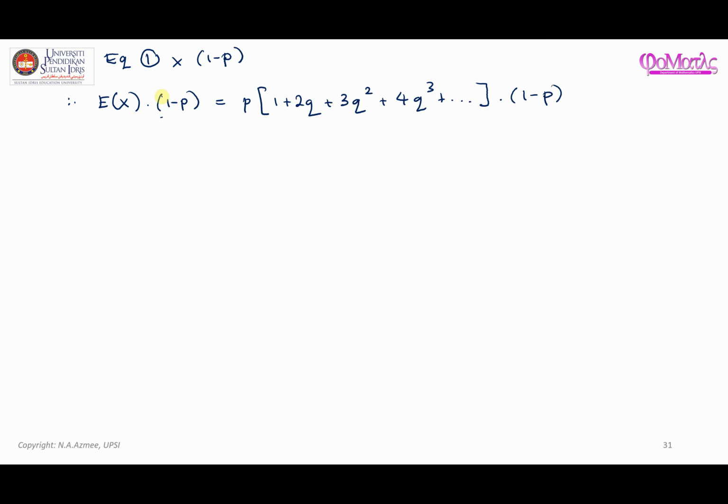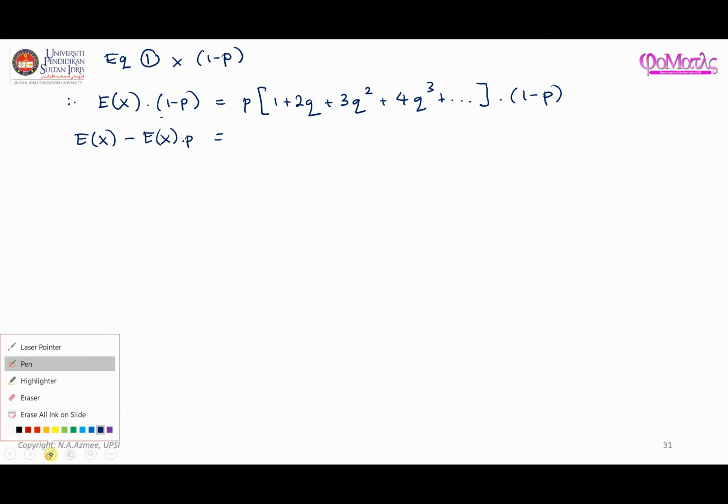So on the left hand side, we can write down the result as E(x) times 1 minus E(x) times p, so we have E(x) minus E(x) p.